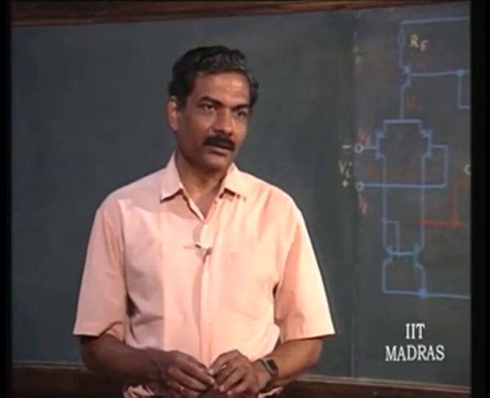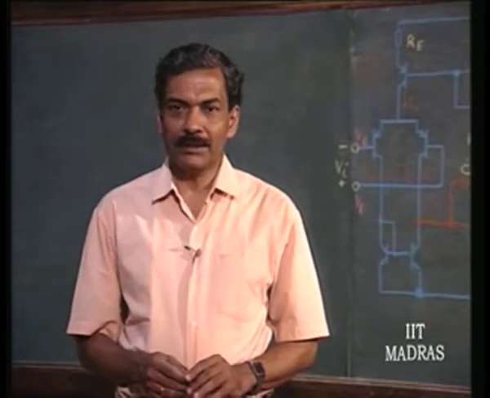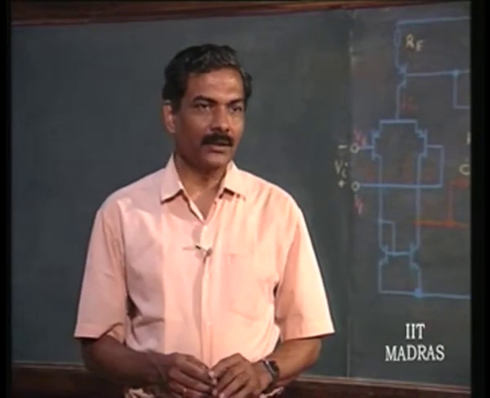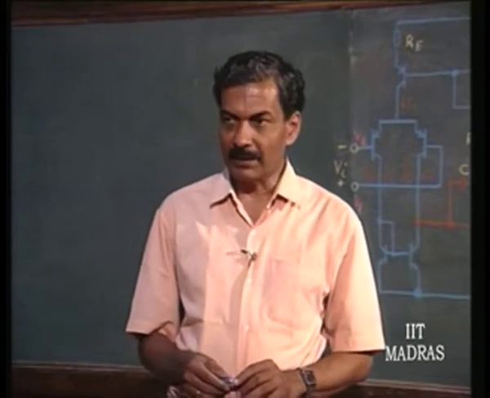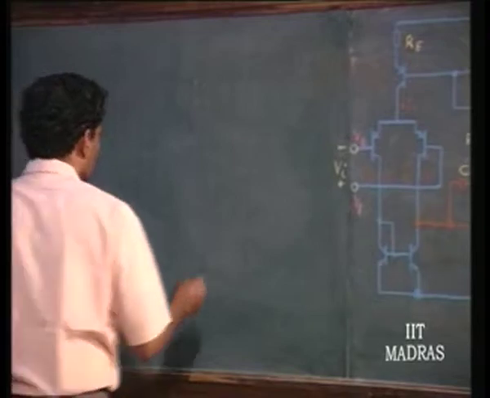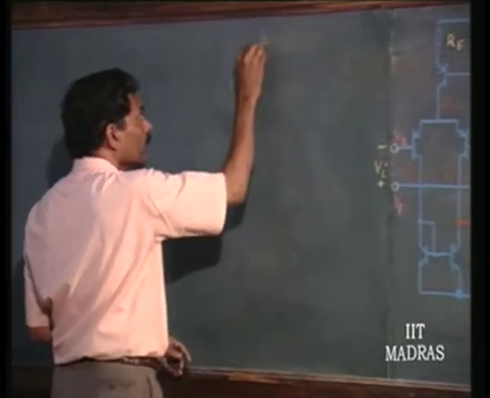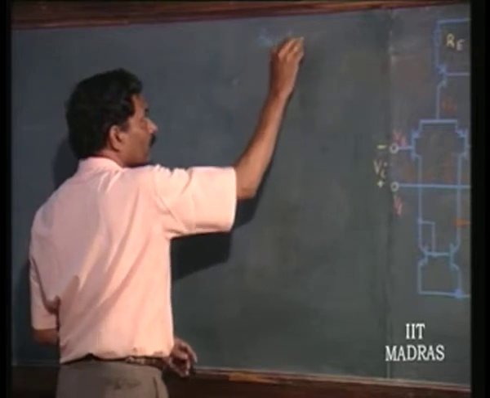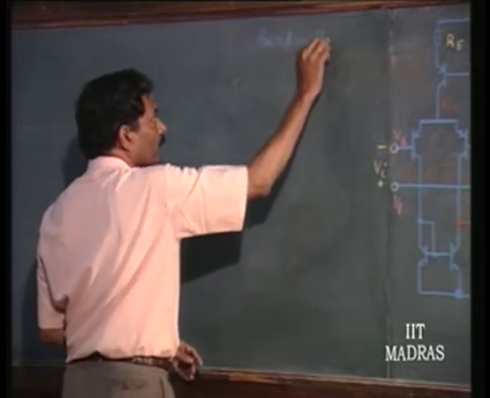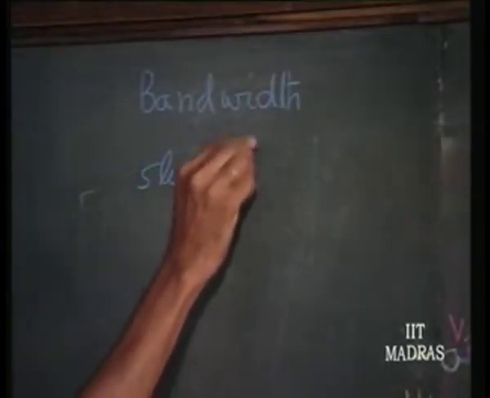One is bandwidth, need for frequency compensation, and the second one is slew rate, which is a large signal parameter. First one is a small signal parameter, bandwidth. And then slew rate.